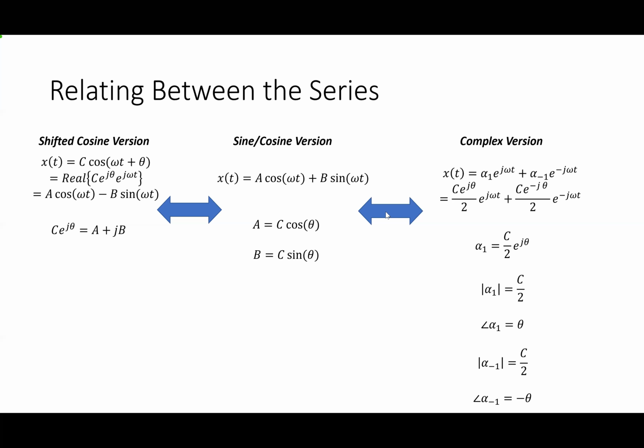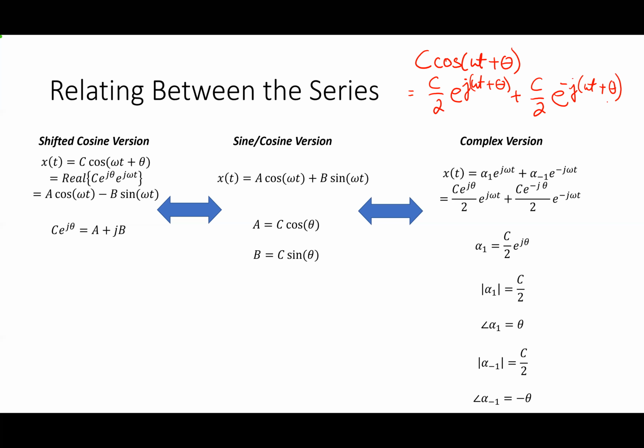And the other thing that I derived previously is, if I use Euler's identity, so to do this, I basically said, if I had C cosine omega t plus theta, I could use Euler's identity to say that that's C over 2 times e to the j omega t plus theta, plus C over 2 e to the minus j omega t plus theta.